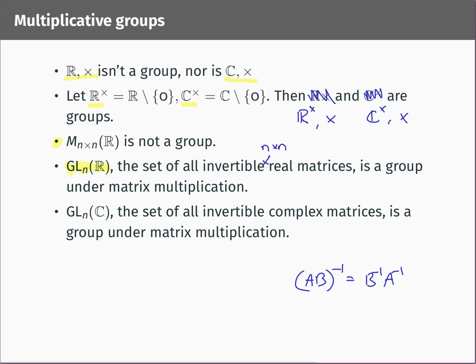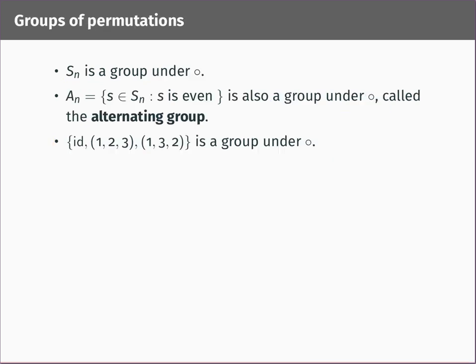So we've met all three group axioms, and matrix multiplication really is a binary operation on that set, so it really is a group. Of course, you don't have to just deal with real matrices. GL_n(C) refers to the set of all invertible n by n complex matrices, and that, for the same reason as before, is a group under matrix multiplication. So those are some examples of groups where the group operation looks like some kind of multiplication.